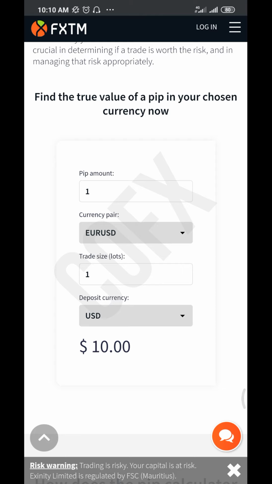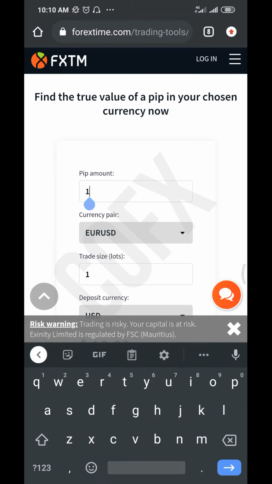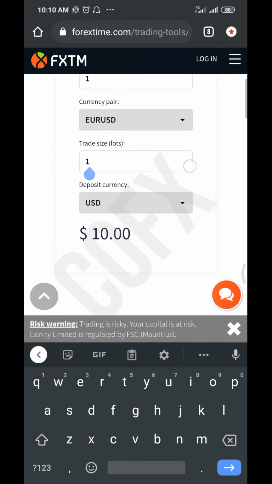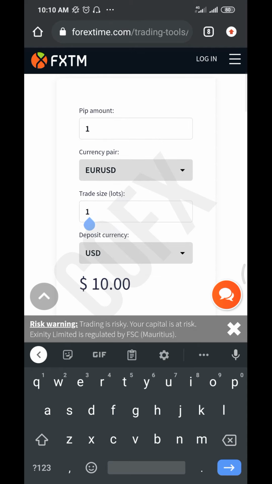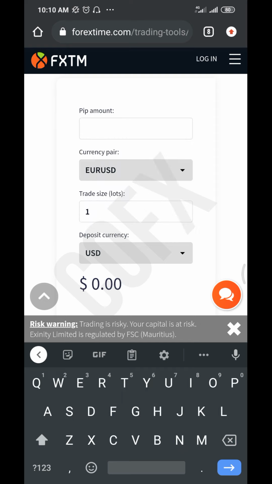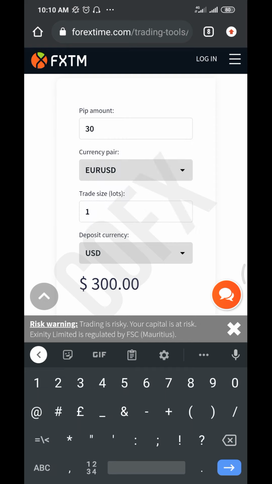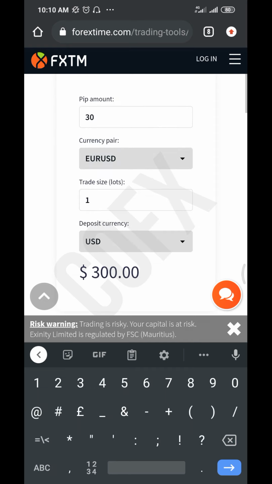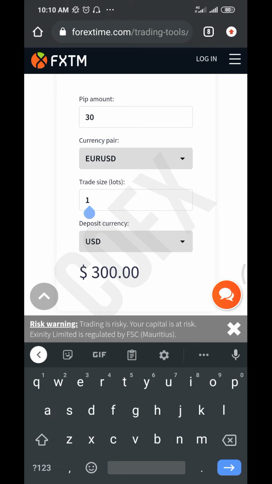This helps you to easily calculate your risk per trade. Like I said, one pip with one lot size will be equal to $10 in the EUR/USD pair. But now my stop loss is 30 pips. That means if my stop loss is 30 pips and I'm using one lot size, I'm risking $300.